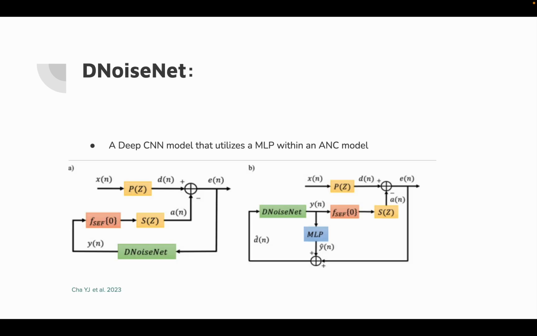So for my project, I'll be exploring the D-Noise Net, which is a deep CNN model that utilizes an MLP to fine-tune the anti-noise signal, and this neural network model is used within an ANC model.